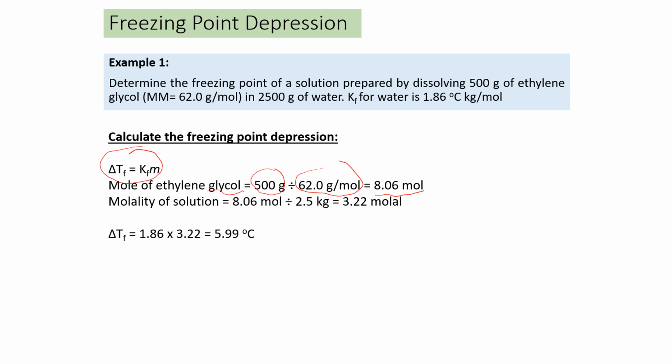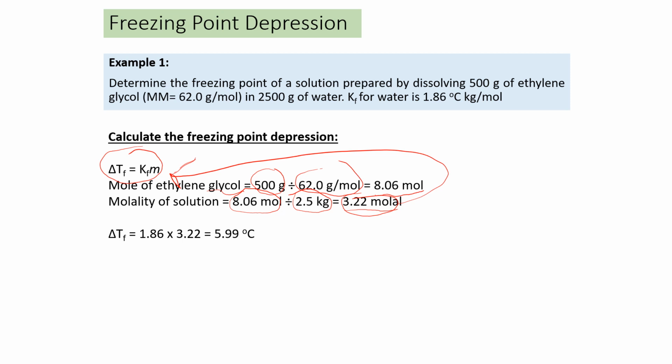Then we calculate the molality of the solution by using the moles of ethylene glycol that we got earlier, divided by the mass of the water, but we have to convert grams to kilograms, and we get the molality of the solution, which is 3.22. From this, we can substitute the value into this formula.